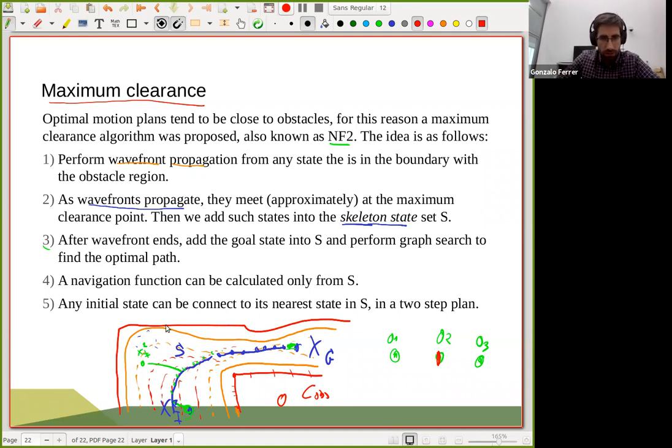If there's a third obstacle here that propagates, it's not really affecting how these two meet, it doesn't matter, because it only matters when the first two wavefronts meet. It doesn't matter if the third one meets later, because you have already created your skeleton S.